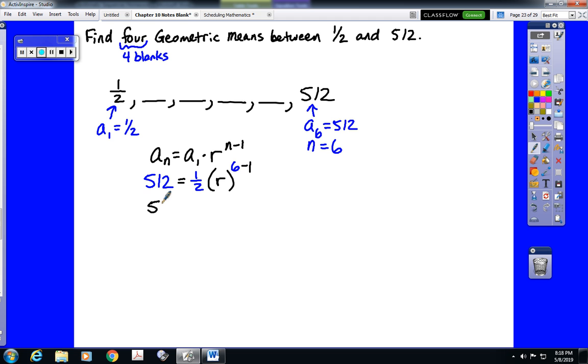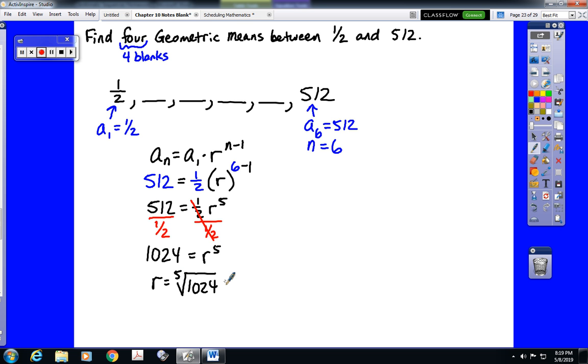So that would be 512 equals 1/2 r to the 5th. To get rid of the 1/2, we can either divide by 1/2 or we can multiply by 2. It's the same effect. Either way, we end up with 1024 equals r to the 5th power. To undo the 5th power, we need to take a 5th root.